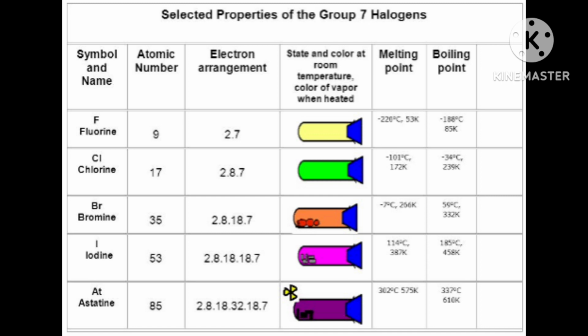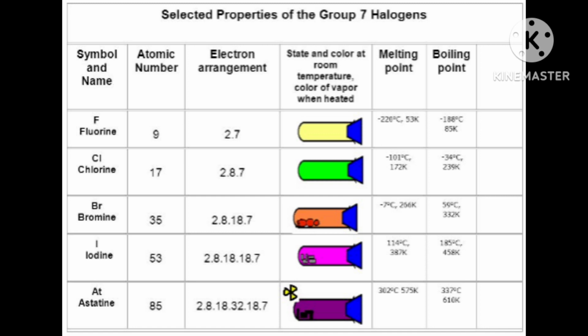Thus they have very high ionization enthalpy, because if anyhow you want to remove the electron, then more energy you have to supply. Due to increase in atomic size, ionization enthalpy decreases down the group, because size is increasing, hence it can be removed a little more easily.